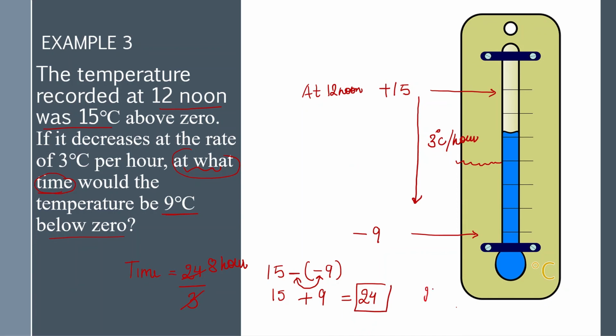It will take 8 hours to reach 9 degrees below 0. Now 8 hours from 12 noon is 8 p.m. So at 8 p.m. the temperature would be 9 degrees Celsius below 0.